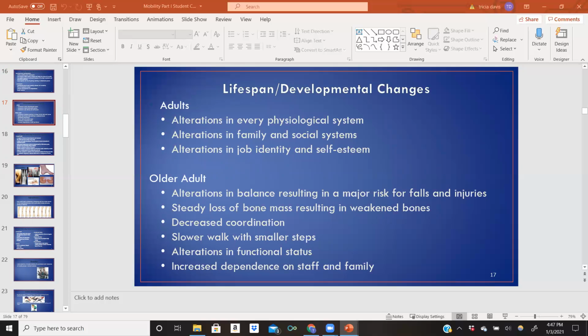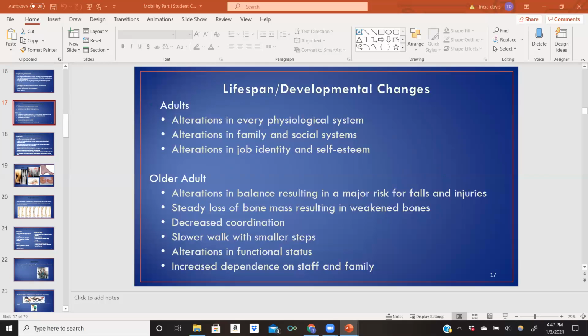They have a steady loss of bone mass, which results in weakened bones. So that goes hand in hand with those fall risks. They have a decreased coordination, slower walk with smaller steps. They have alterations in their functional status and an increased dependence on staff and family.